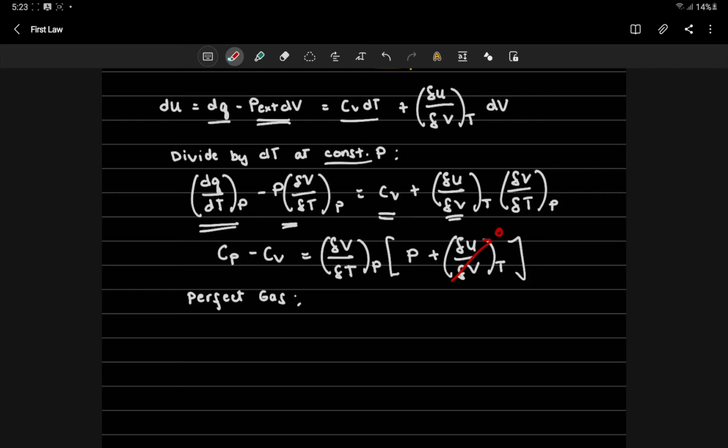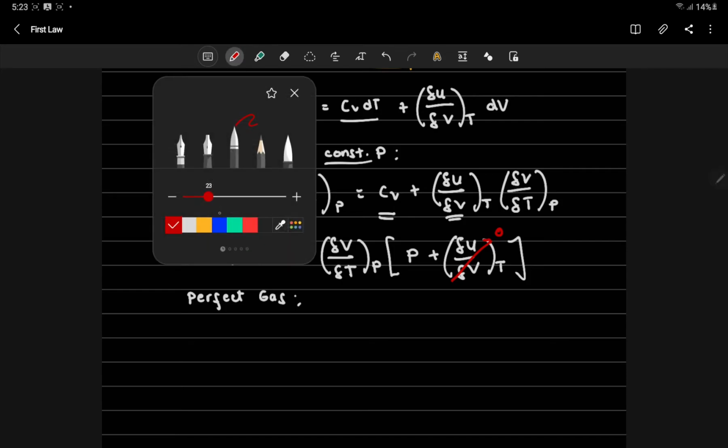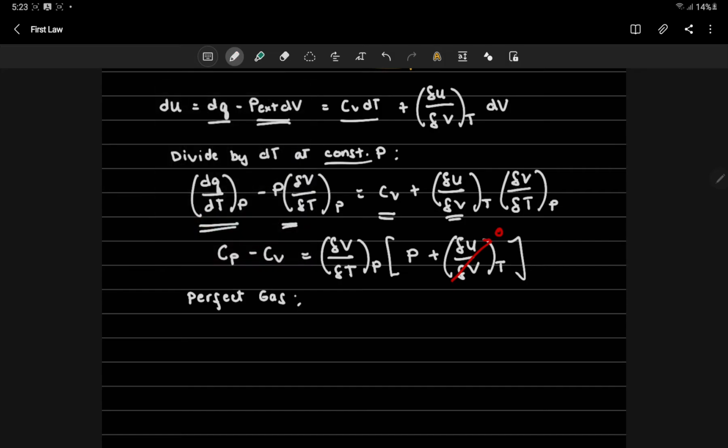So, anong matitira sa expression natin? Magiging Cp minus Cv equals, mayroon kang P multiplied by the partial derivative of V with respect to T at constant P.